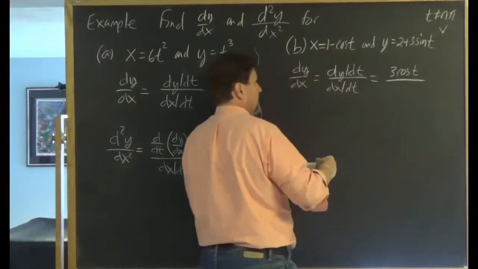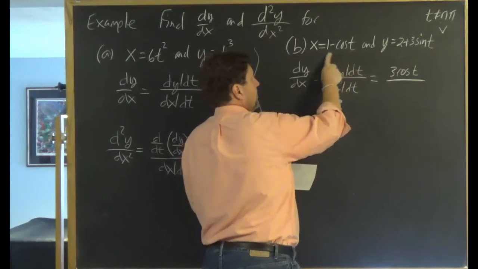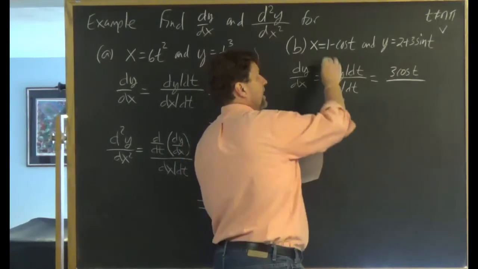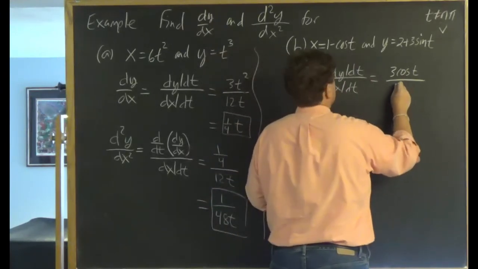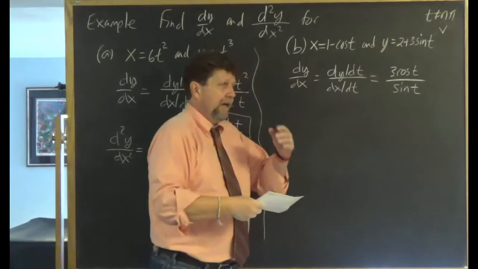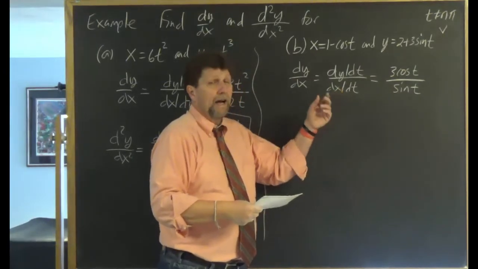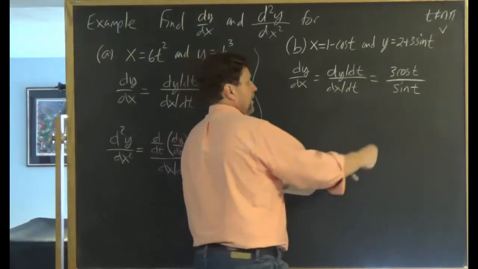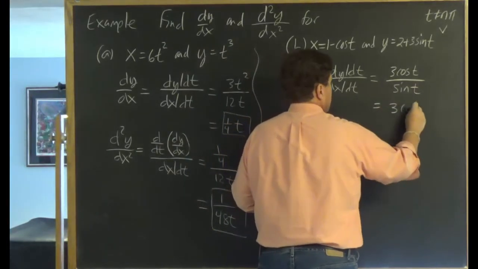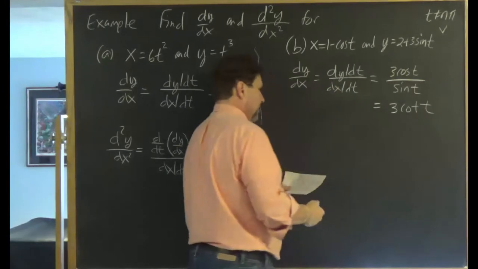And then dx/dt, the derivative of cosine is negative sine, minus a negative, so that's just sine t. And because I'm going to get the second derivative, I would write that as 3 cotangent t.